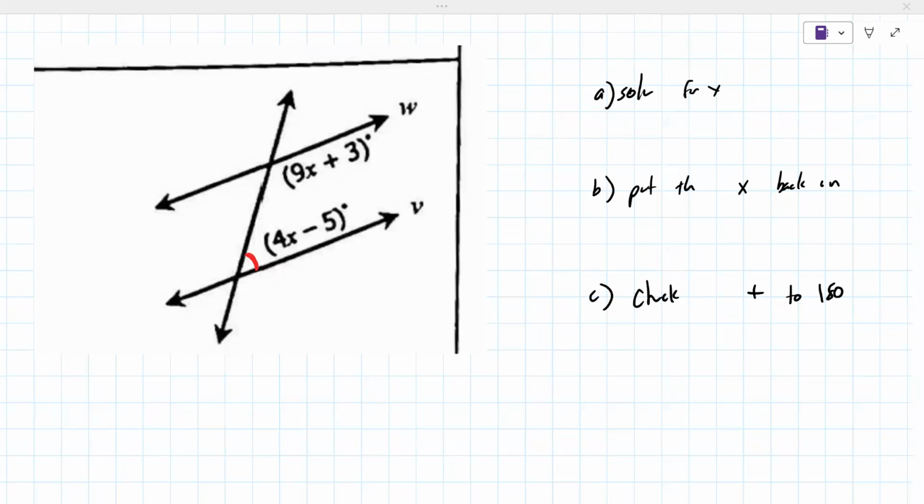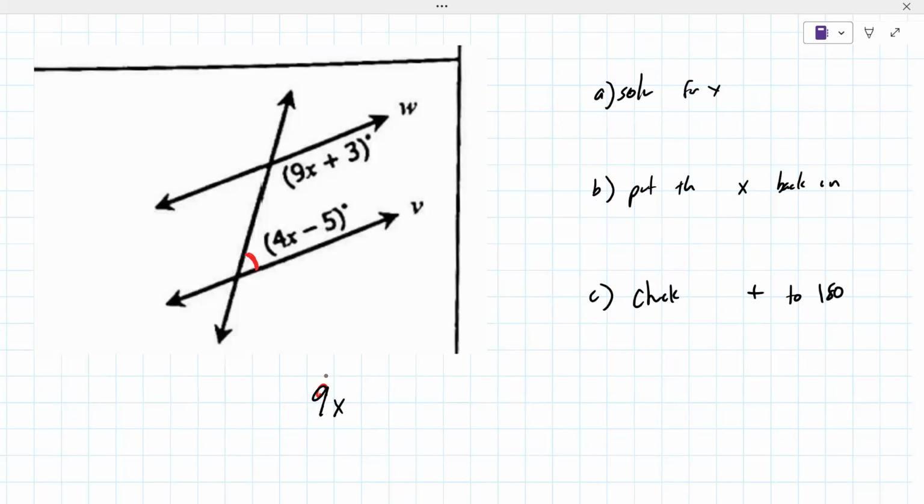I got a little problem. Let me just talk through it with you. So I combined like terms, and then I got 3x minus 2 equals 180. That's your problem there. So 9x plus 4x equals 13x. 3 minus 5 equals minus 2.